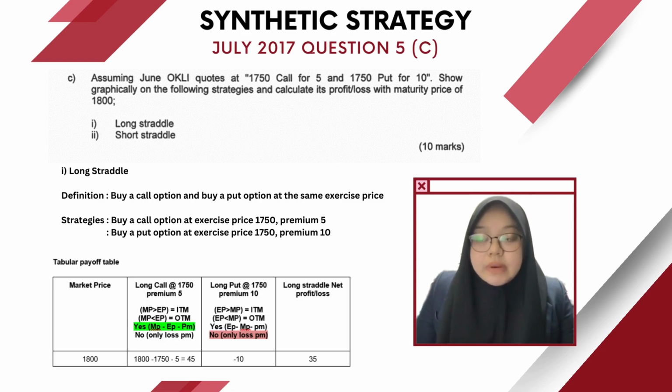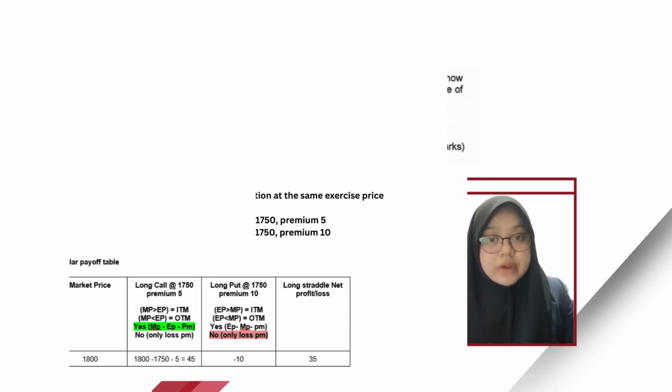So when the buyer exercises the options, they will profit 45 ringgit. While for the long put, the buyer only loses 10 ringgit because the loss is only limited to premium. So for the total long straddle net profit or loss, the buyer will profit 35 ringgit.